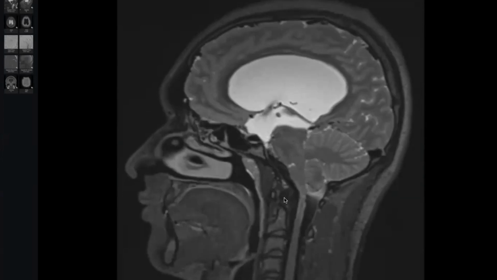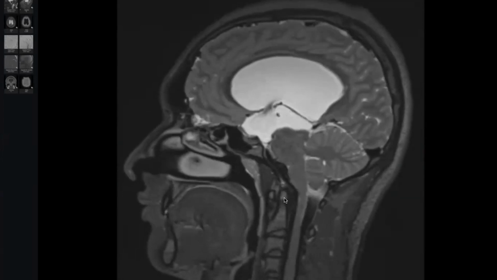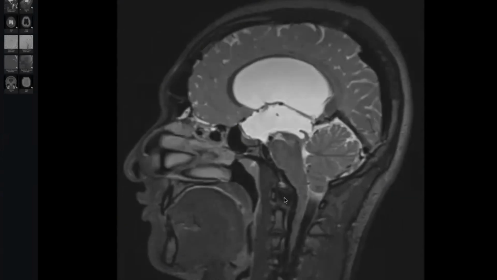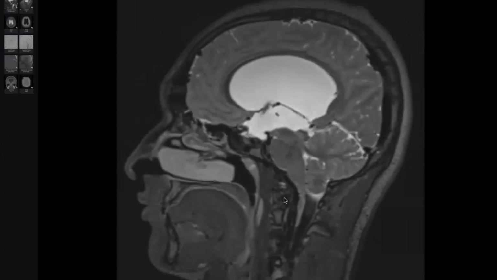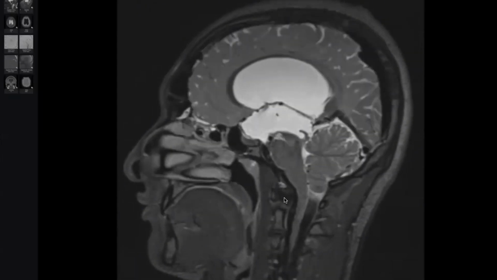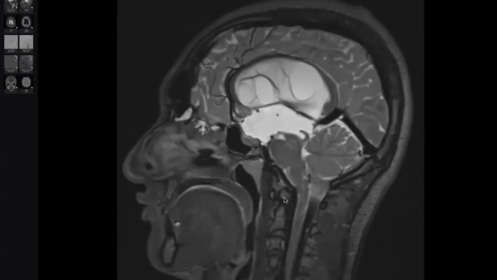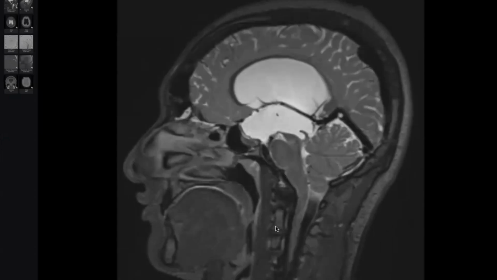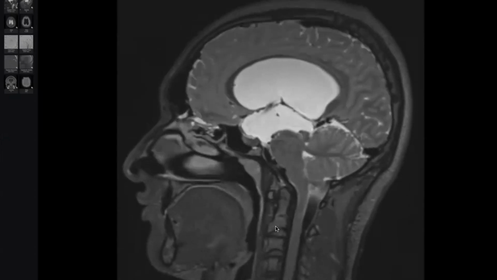There is no evidence of any mass lesion here. The tectal plate appears normal. I don't think there is an enlargement of the tectal plate or any mass lesion. I can only appreciate stenosis here.